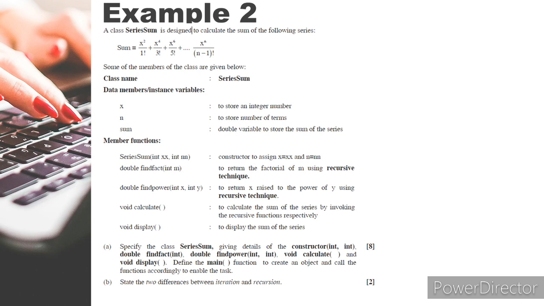In member functions, first you can find that in the parameterized constructor, two inputs are there, so we need to assign the value of xx to x and nn to n, and sum also we need to initialize with 0.0. Then double find fact int num.